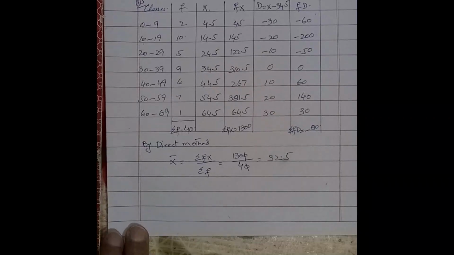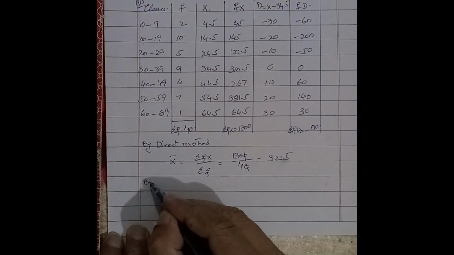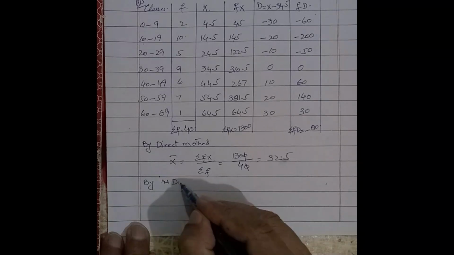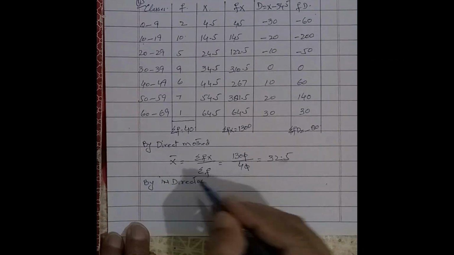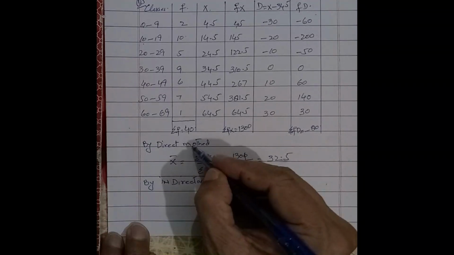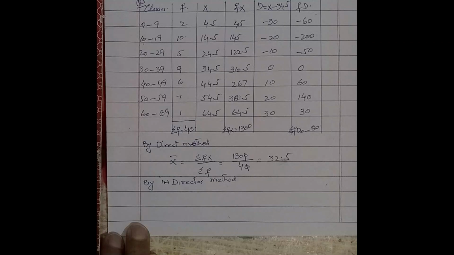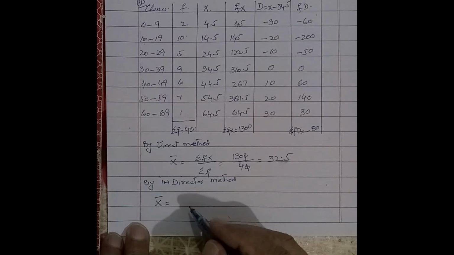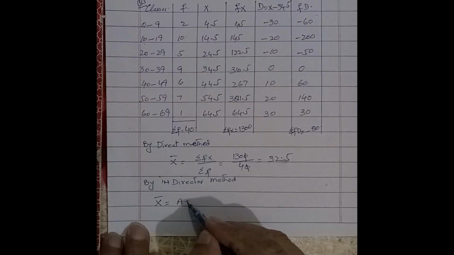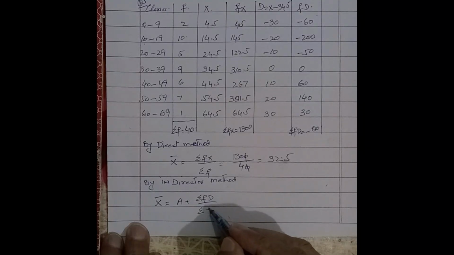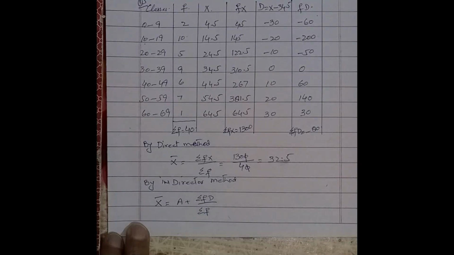And next, by the indirect method, in which the formula is x bar equals a plus summation fd over summation f.